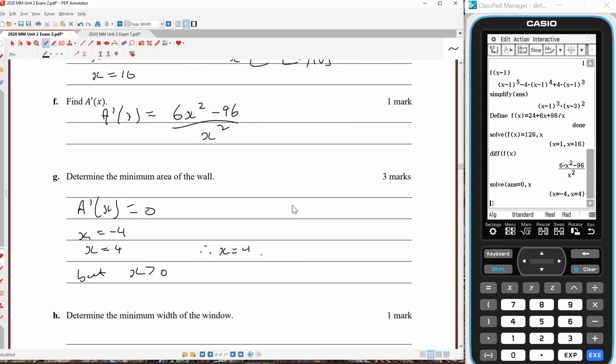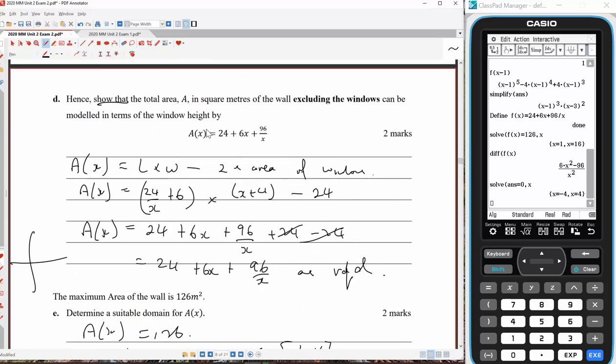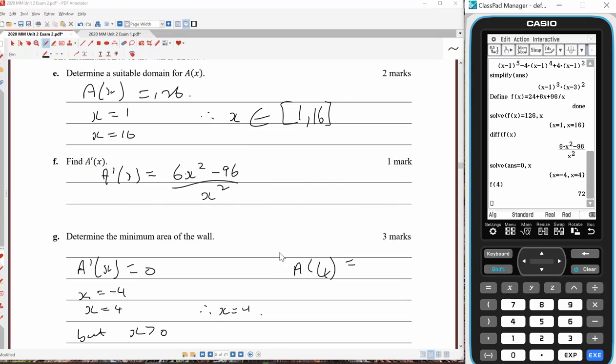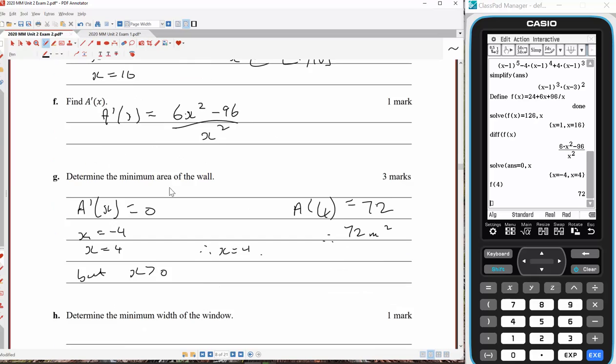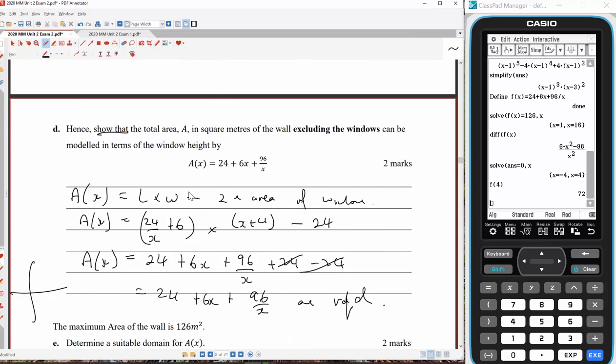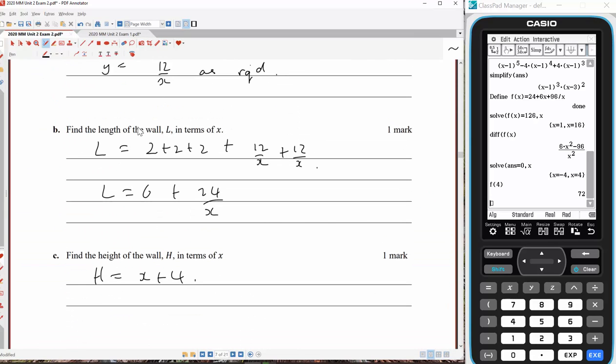Now we'll go A of 4 equals, so we're going to put 4 into the area function to work out what the minimum area is. So f of 4 equals 72. Therefore, 72 square meters is the minimum area. Determine the minimum width of the window. So we worked out the width earlier.